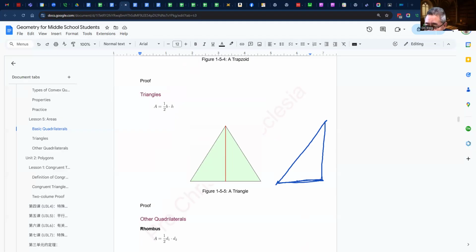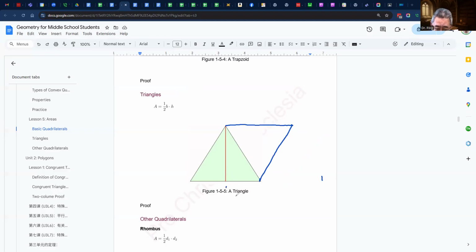So we're going to do the same thing as we did for the trapezoid. We copy the whole triangle and put it upside down. And what we got here is another parallelogram.